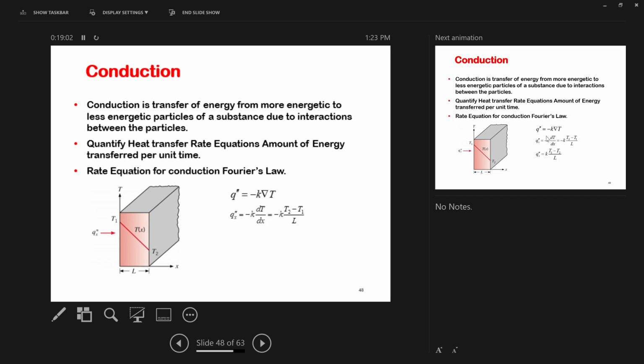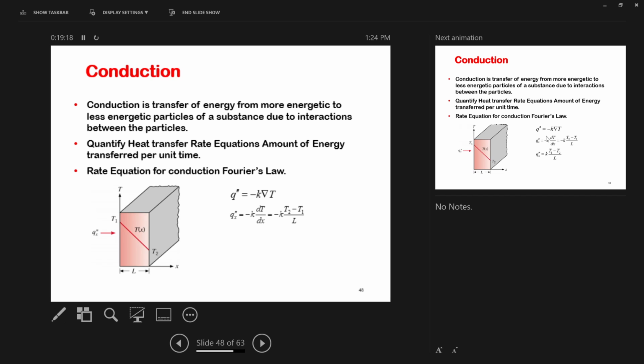Okay, so if you try to simplify that, we can essentially say we only have the x temperature derivative, right? So your heat flux in the x direction is going to be negative K dT/dx.